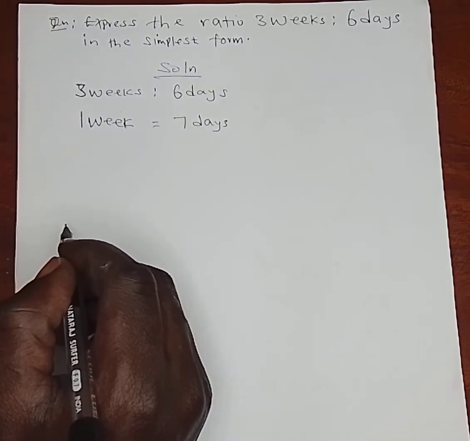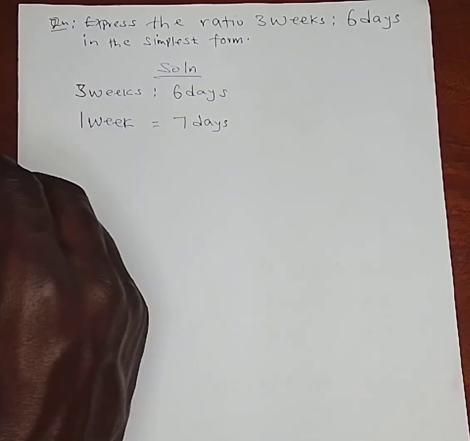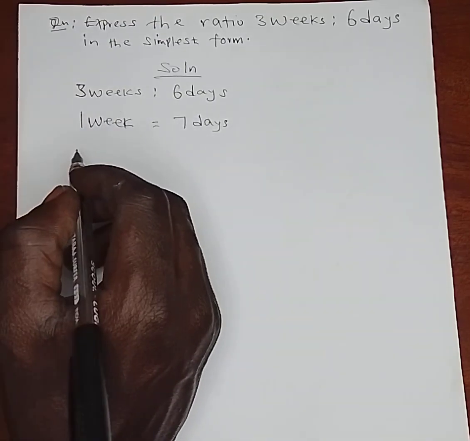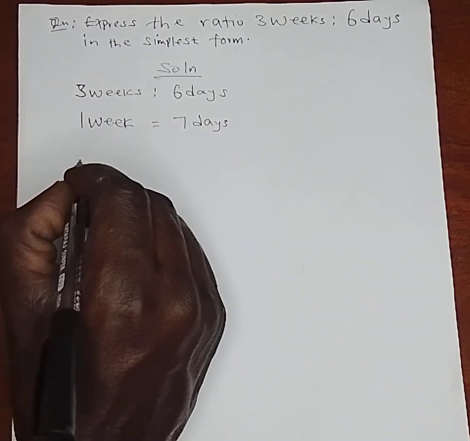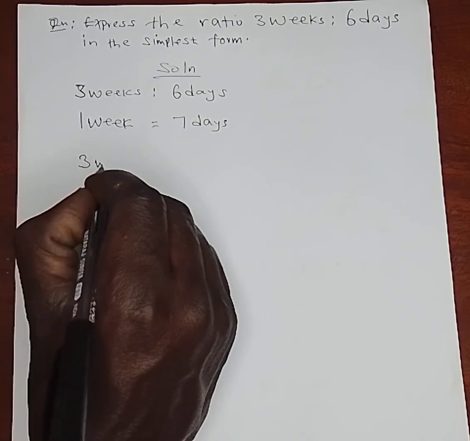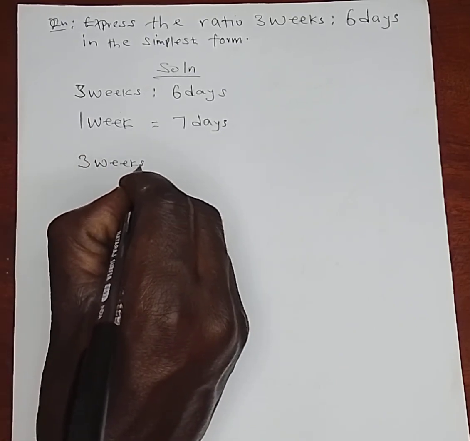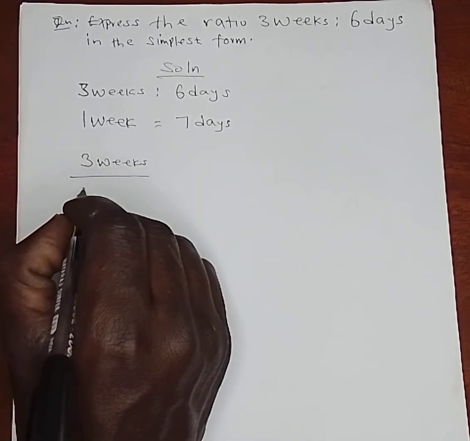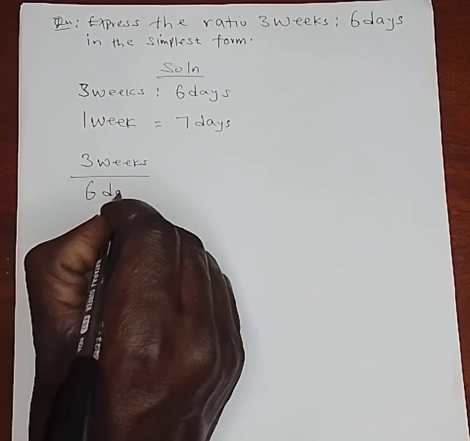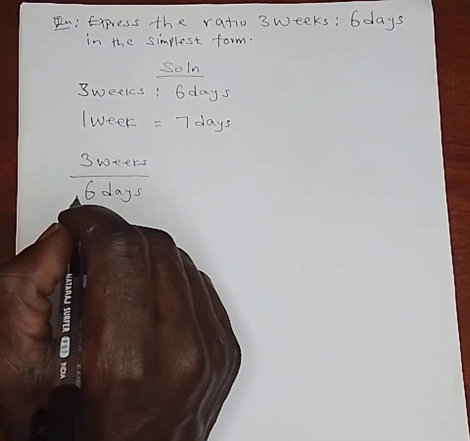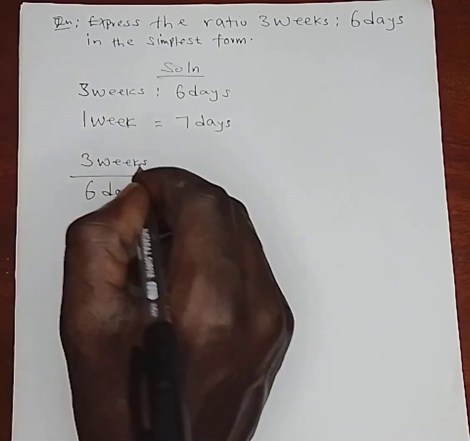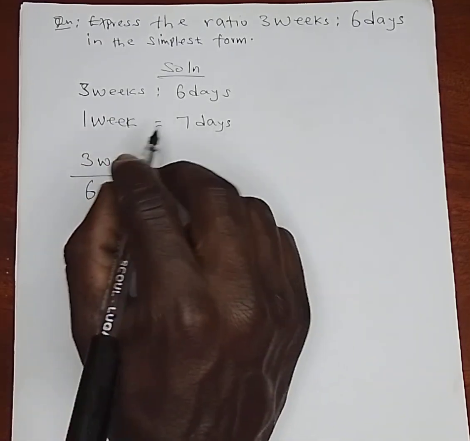So if we have 7 days in a week, let's first express our given ratio as a fraction. This is 3 weeks out of 6 days.